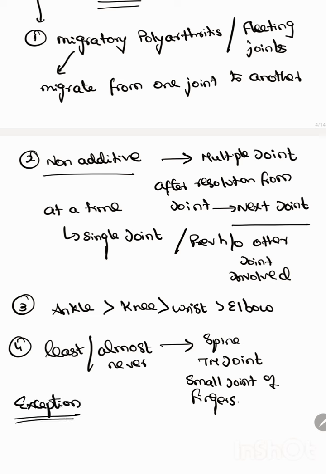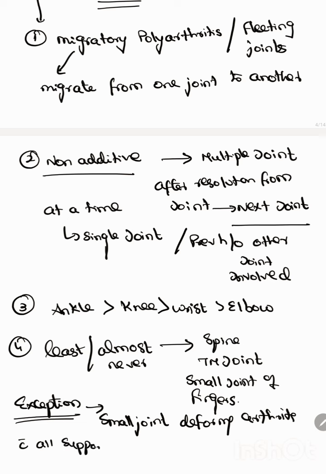During the outbreaks of acute rheumatic fever, there is a certain set of individuals who have a small joint deforming arthritis with all supporting evidence of acute rheumatic fever, and this type of arthritis is called Jaccoud's arthropathy.